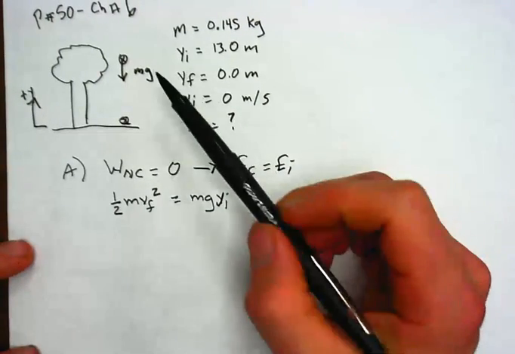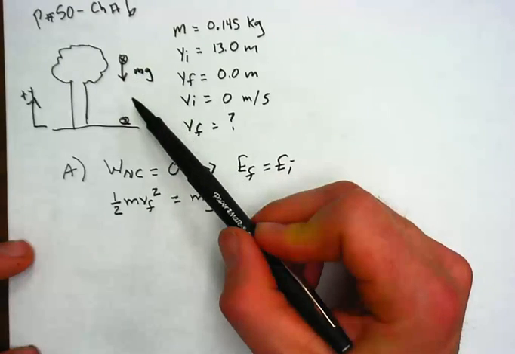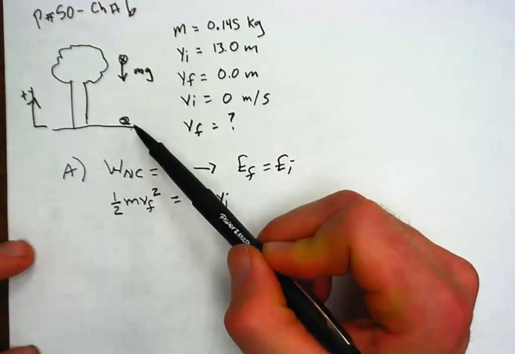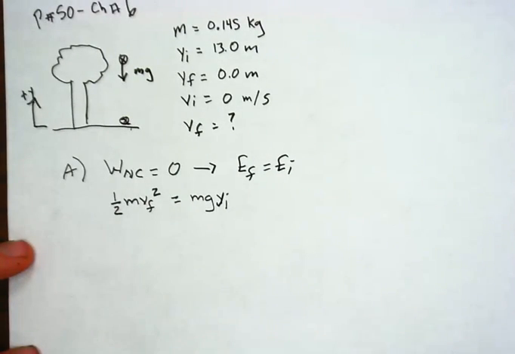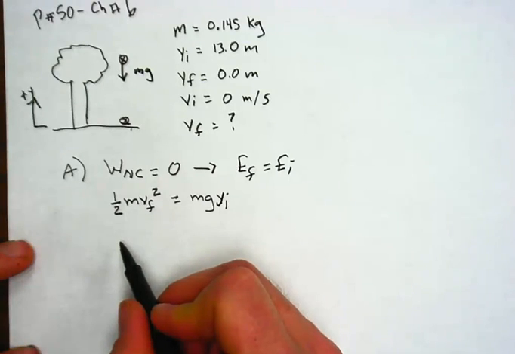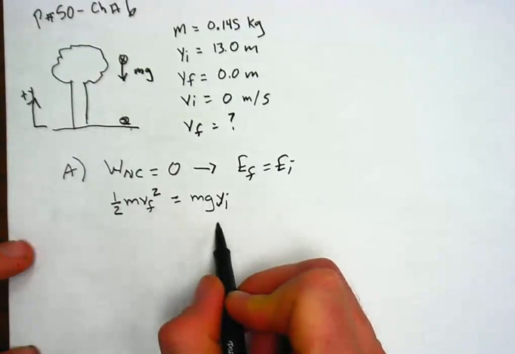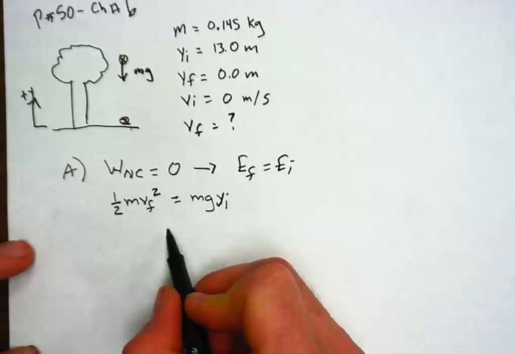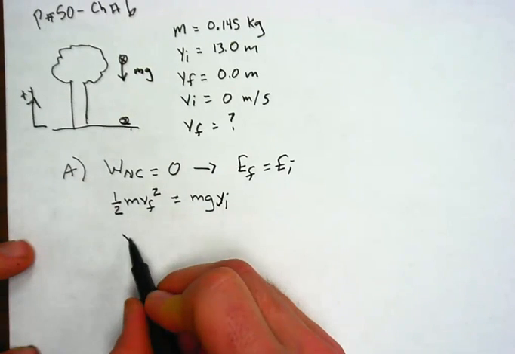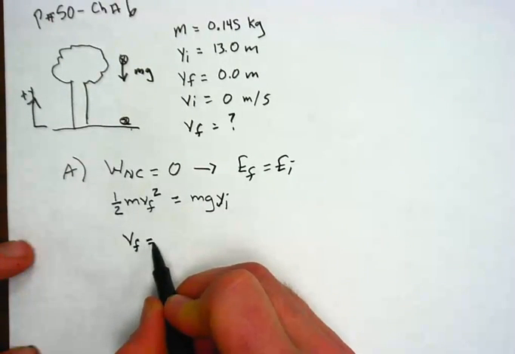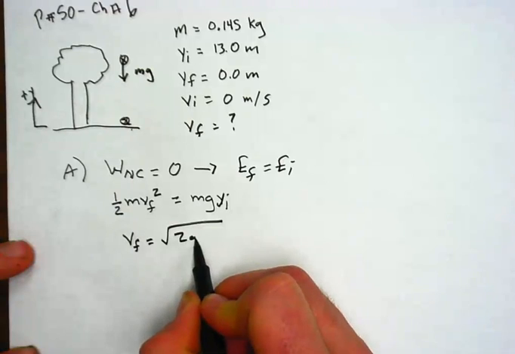So the potential energy of the baseball up here, all 100% of it, gets transferred into kinetic energy down here. Now, this is a very common equation, and if you solve for the speed here, you get v sub f is equal to the square root of 2gy.